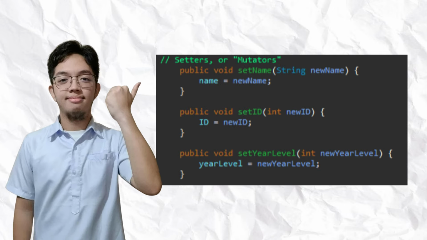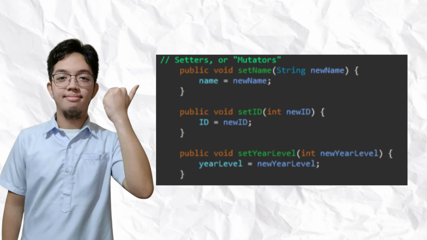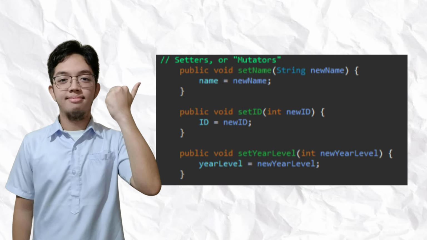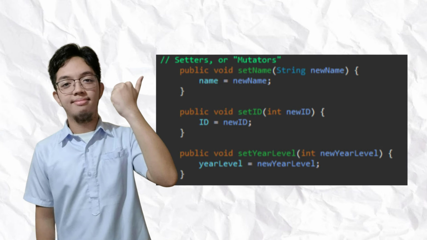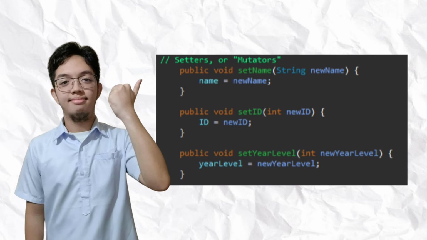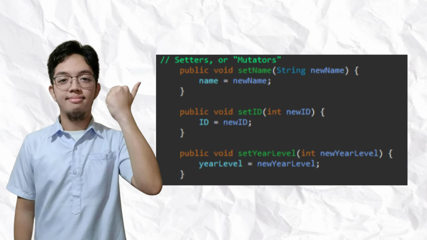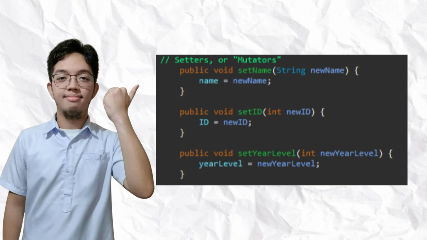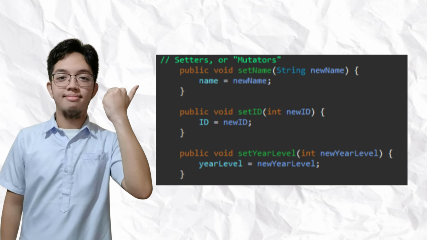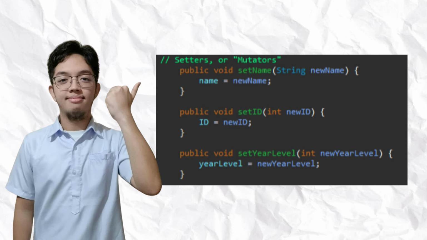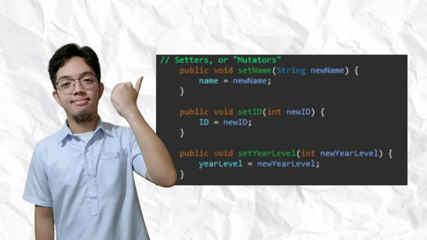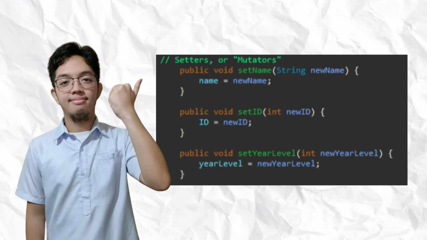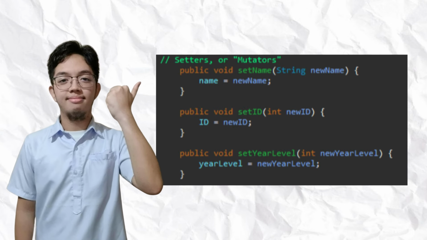Setters, on the other hand, demand a value that comes in through the parenthesis with the intent of changing the value of your instance variable. We write setters with a public access modifier, void return type, method name with prefix set, and a parameter containing the data type of the value that will go in, and lastly, a user-defined variable name.